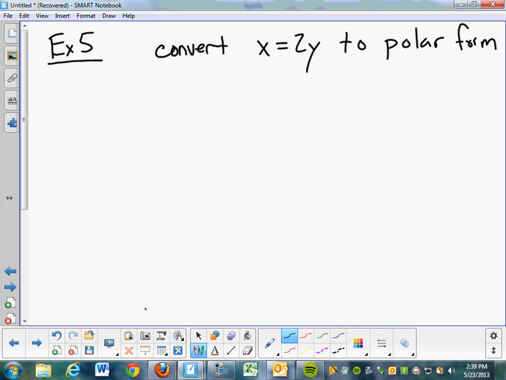So what does x equals 2y look like? If I divide both sides by 2, I get y equals 1/2 x, correct? And if I draw that graph, what does the graph of y equals 1/2 x look like?